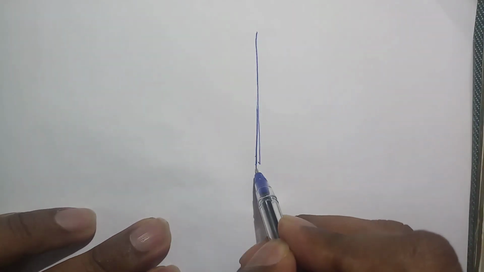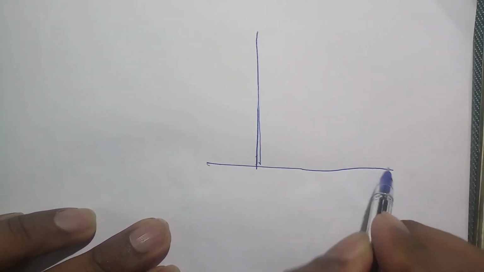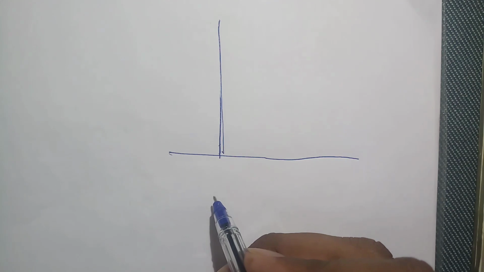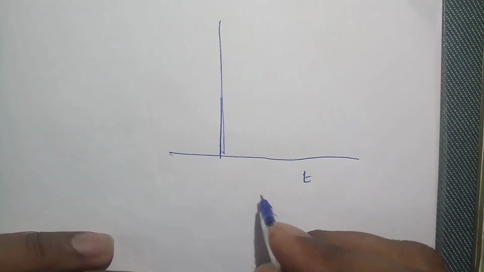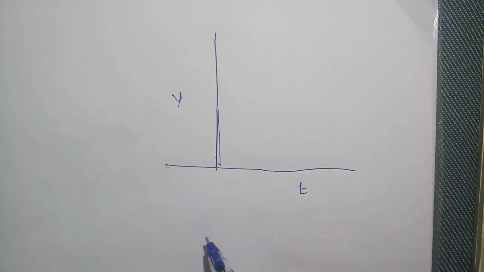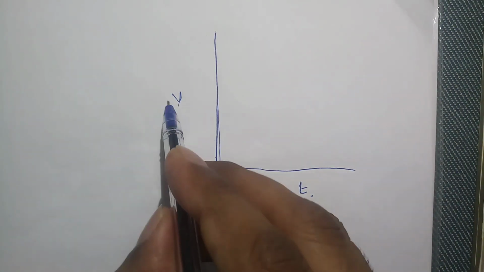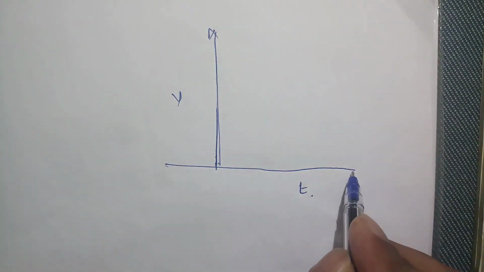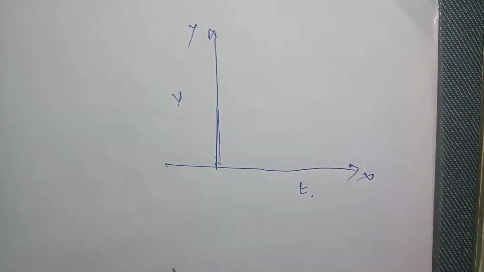So in the graph, we have the x-axis and y-axis. So the graph is like this. This axis will be time and this axis is velocity. So that's clear. Always we are taking velocity here and time along this axis. So this is x and this is y.